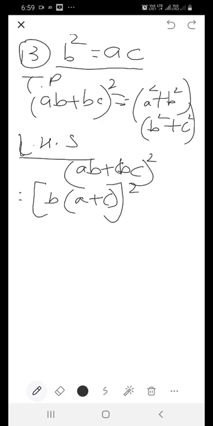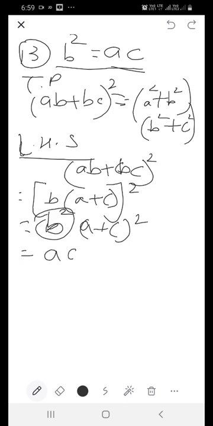Inside the bracket I am taking B common, so this square will be given to B also. Now the value of B square is given to you as AC, so I can write it as AC (A plus C) whole square. Now this is your left hand side.